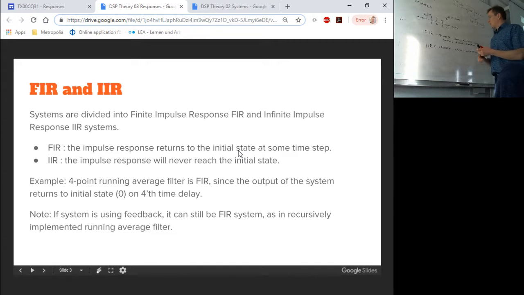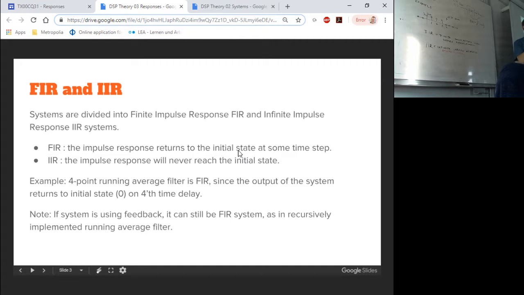All right. IIR requires feedback. But if you have a feedback, it doesn't guarantee it's IIR. Just like our recursive 4-point running average.